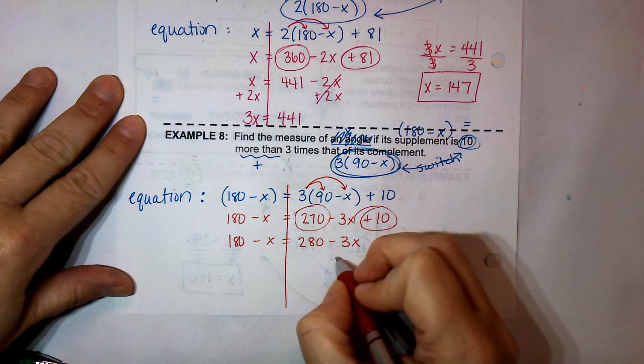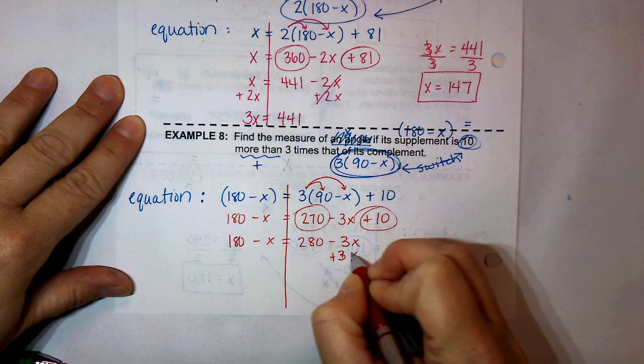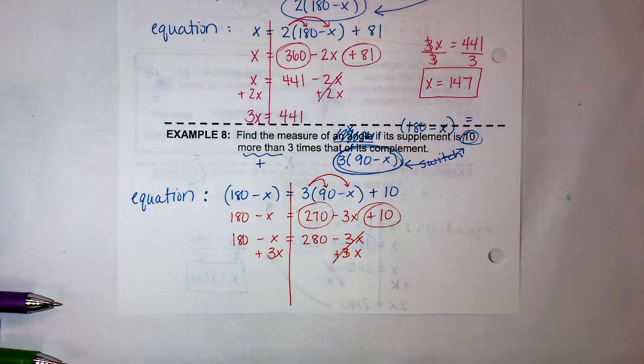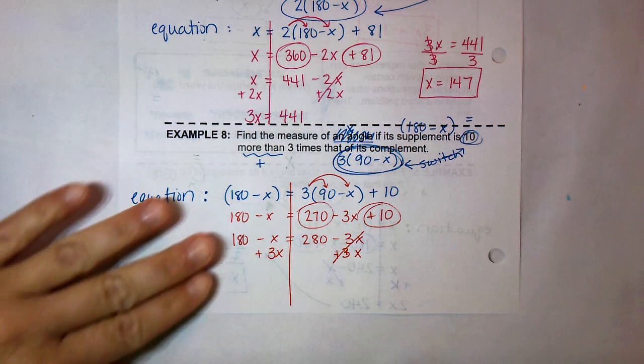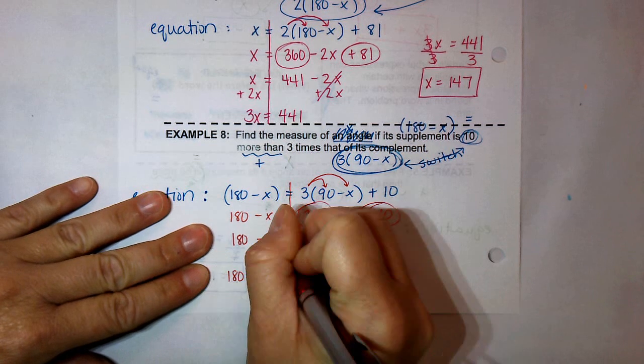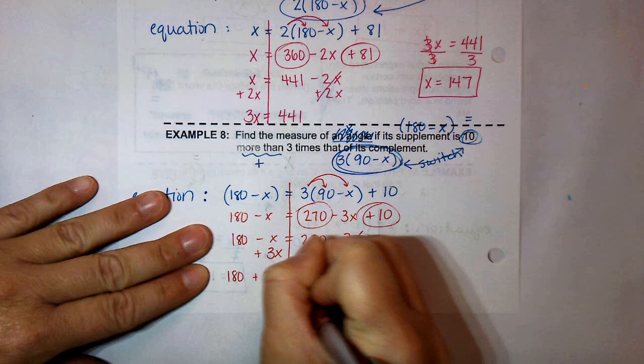I'm going to keep positive, right? So I'm going to add 3X. I'm going to try to keep everything positive. So now on the left, I'm going to bring down 180. Negative X plus 3X is positive 2X, and bring down 280.